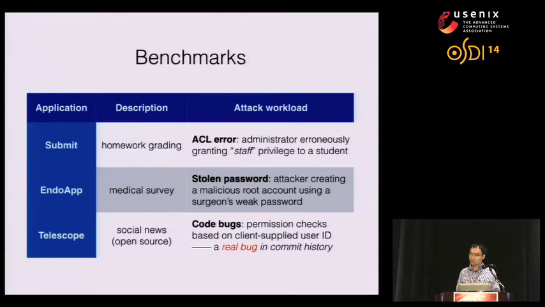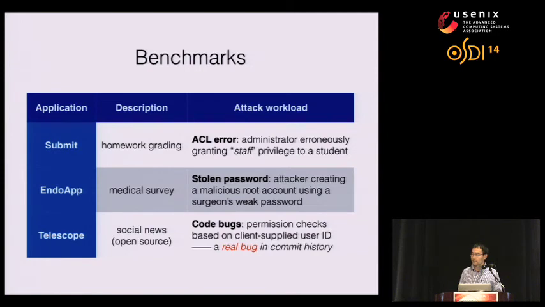Yes, in this case, the administrator just fixes the access control error, and then there will be a difference in the database, and RAIL will detect this and replay all the relevant requests. So what is your concern here? The second one, stolen password. Okay.